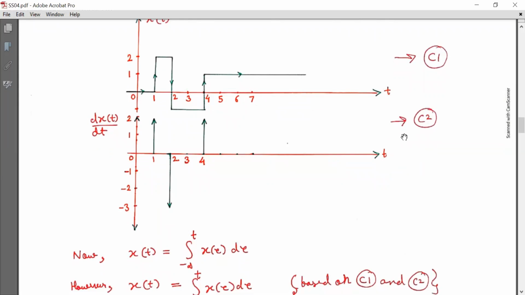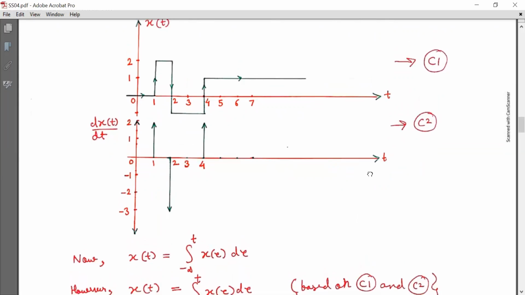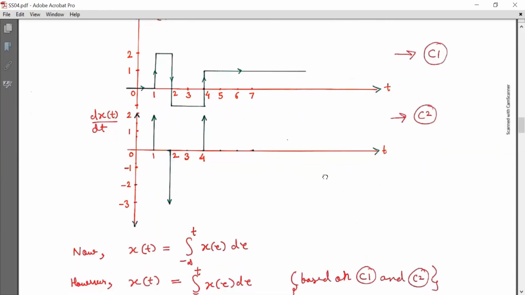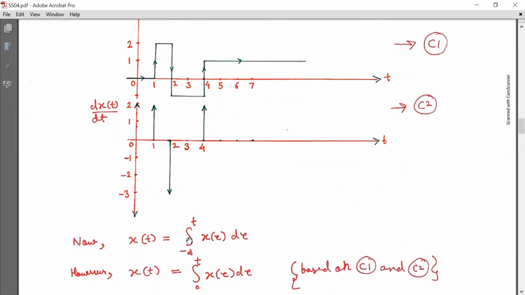Now this is C2. Now from C1 and C2, x(t) is equal to the integration from minus infinity to t of x(tau) d tau. However, x(t) is equal to the integration from 0 to t of x(tau) d tau based on equations C1 and C2.